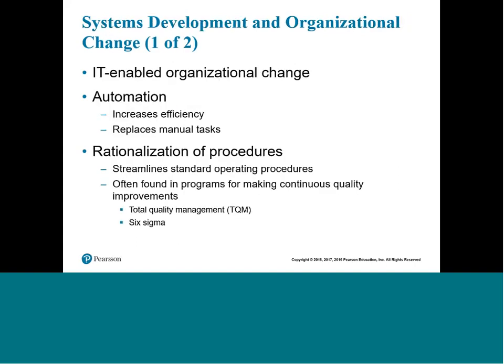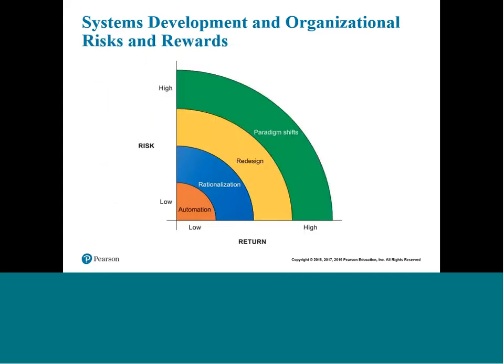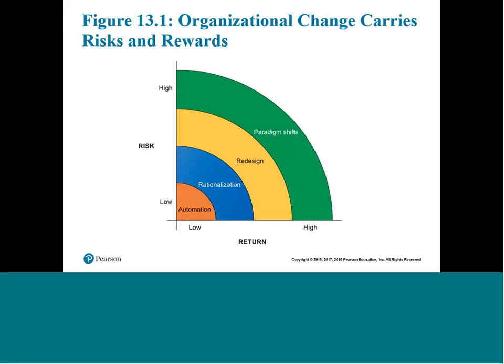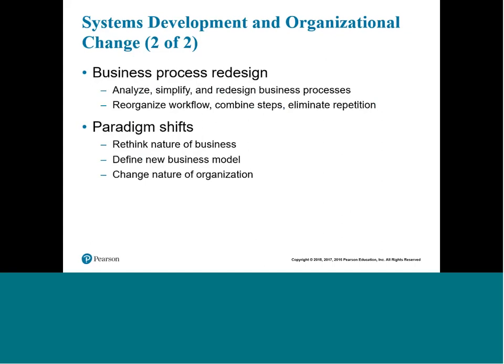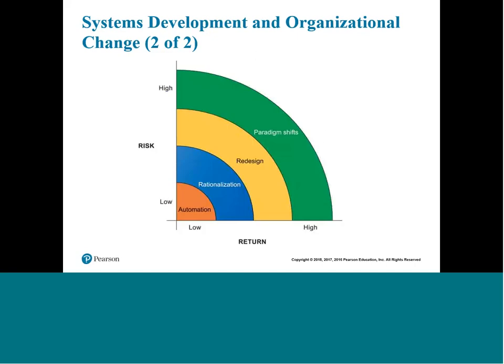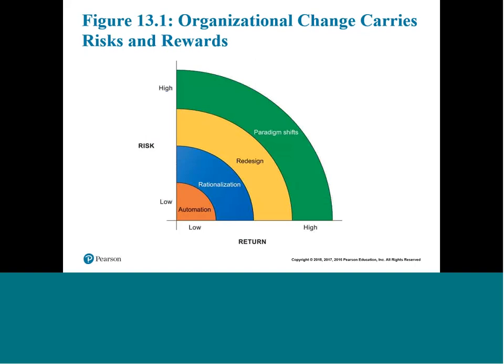Looking at rationalization again, we streamline our operating procedures, continually making improvements in our product. Medium risk, medium return, we're going to more often than not do that one. Redesign, looking at our business processes, our workflows, combining steps, eliminating repetition, having better relationships between our applications and our databases gives us a little higher risk, a little higher return.